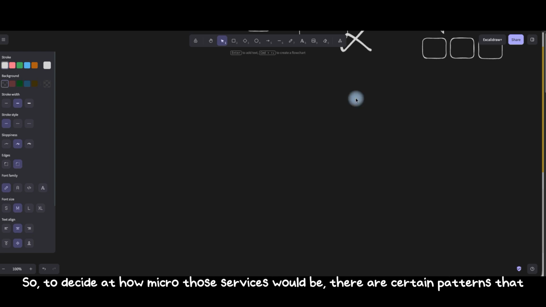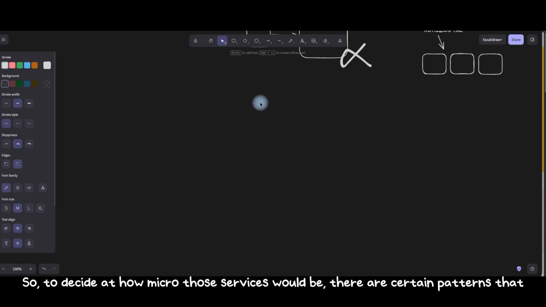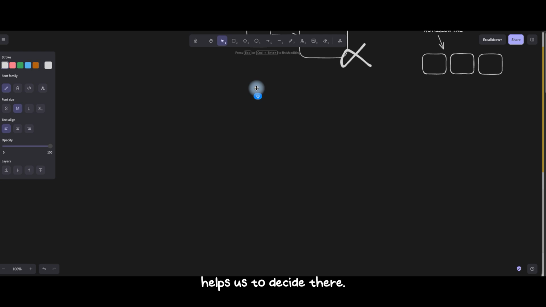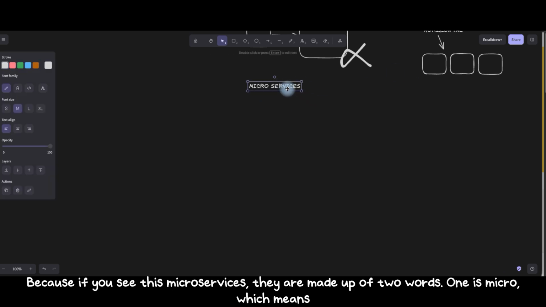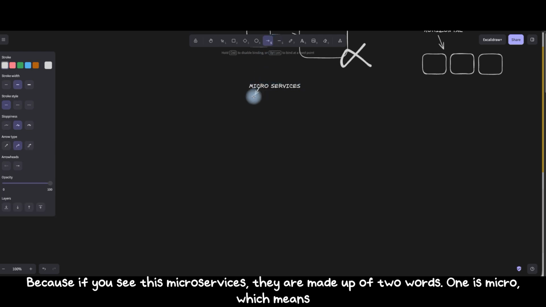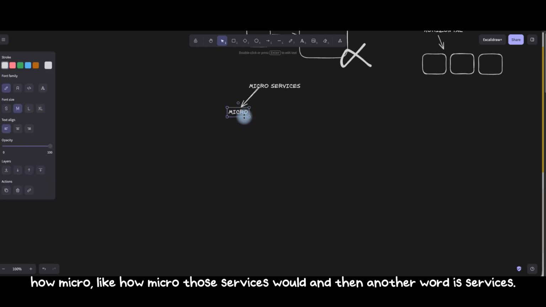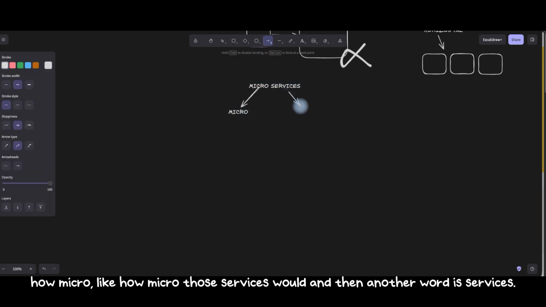So to decide how micro those services would be, there are certain patterns that help us decide. Because if you see, microservices is made up of two words. One is micro, which means how micro those services are, and then another word is services.